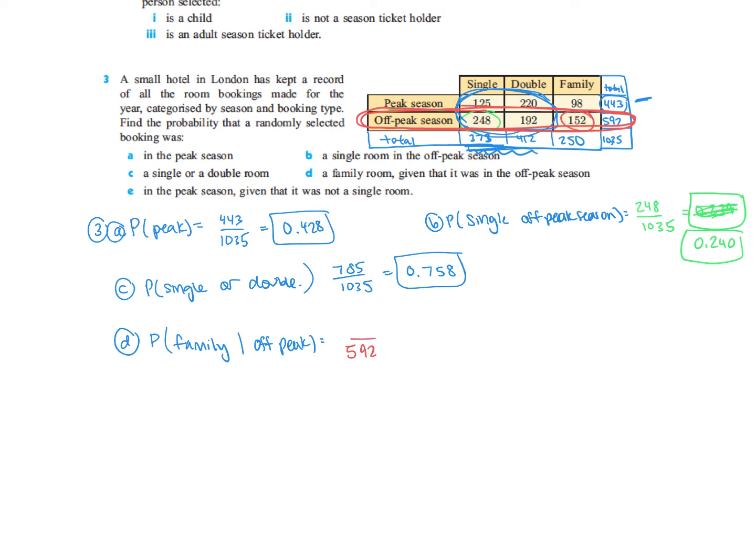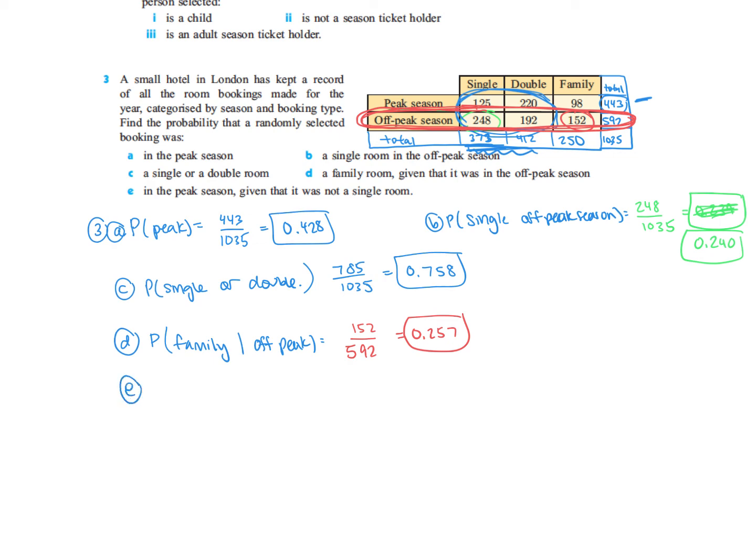What's the chance that it was a family? So 152 out of 592 gives us 0.257. So again, that's out of the total off-peak. How many of those are family?